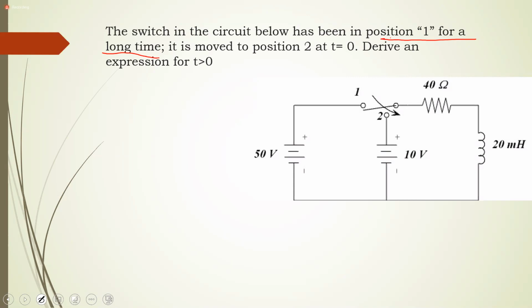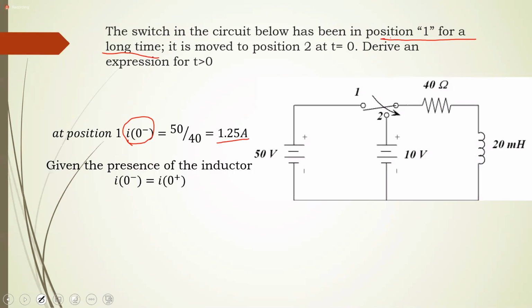So in position 1, we know that the current is 1.25. So before I make the switch to position 2, just before, I0 minus is 1.25 amperes. Yes? And we know, based on what we had before, that I0 minus is equal to I0 plus.